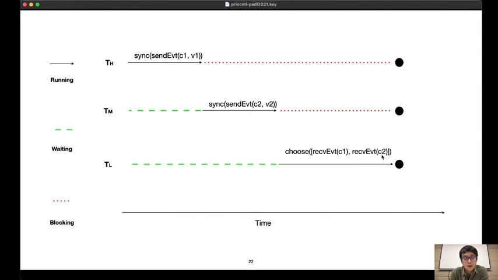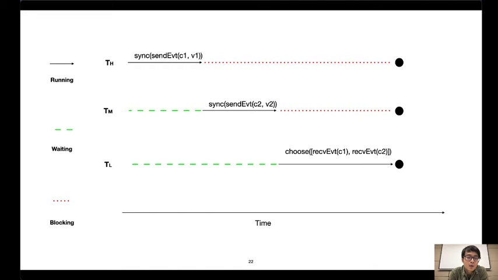Both events are available because this receive event from C1 can be paired with the high priority thread, and this receive event can be paired with this medium priority thread. So since both of them are available, we can pick either one of them.